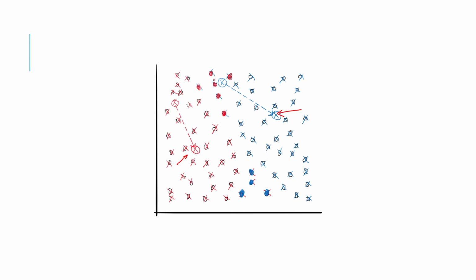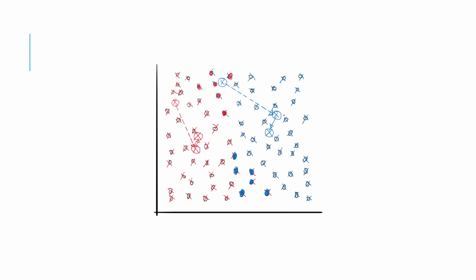So we can see here that the data points previously assigned to the blue cluster are now assigned to the red cluster, and there are also data points previously assigned to the red cluster now assigned to the blue cluster. That is because the cluster centers have moved.